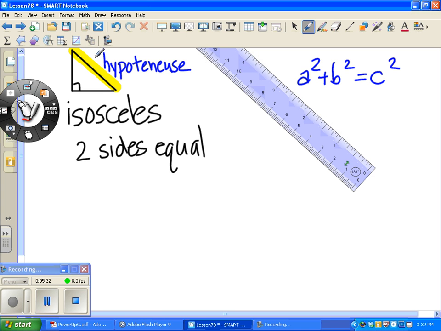And I have a really cool video to show you that a little bit later. But the hypotenuse is always side C, always. The side that is opposite of that right angle. And it doesn't matter if this side is A and this side is B, or if this side is B and this side is A. What all that matters for the Pythagorean theorem is that the hypotenuse, the one opposite of the right angle, is C. And it's totally cool.